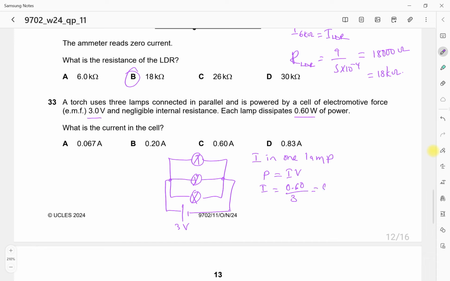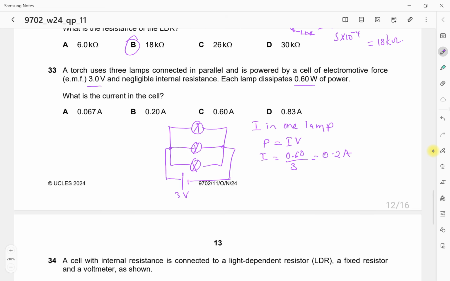The current in one lamp is 0.2 amperes. 0.2 amperes plus 0.2 amperes plus 0.2 amperes, the current combines here to give a total current. So I in the cell is going to be 0.2 times 3, which is 0.6 amperes. So the answer here is going to be C.